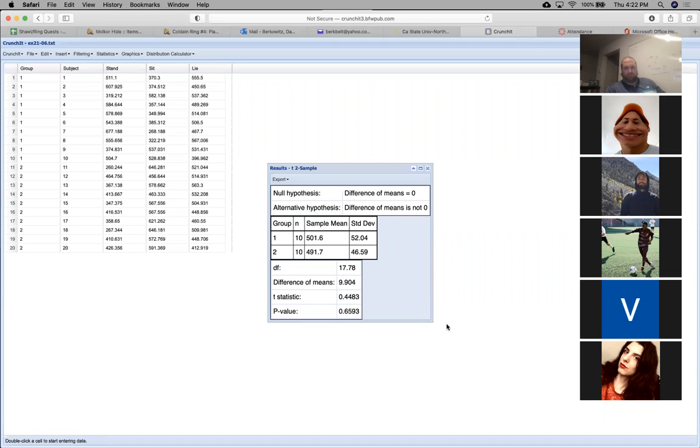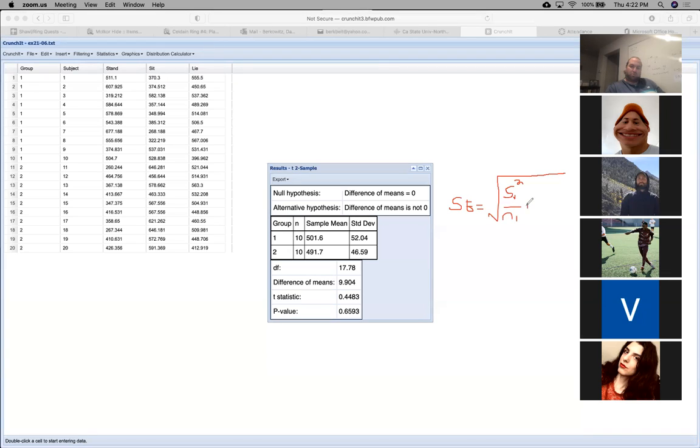It does. I just had trouble doing the standard error. So remember what standard error is. I did the numbers, but they always came out wrong, and I don't know if I used the correct numbers. Well, what's the formula for standard error? S1 squared divided by n1, plus S2 squared divided by n2.